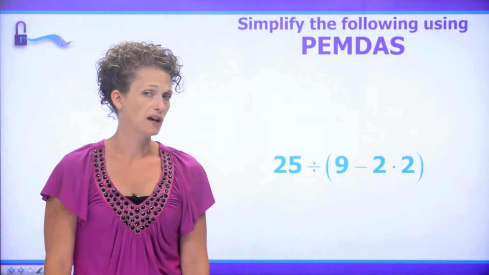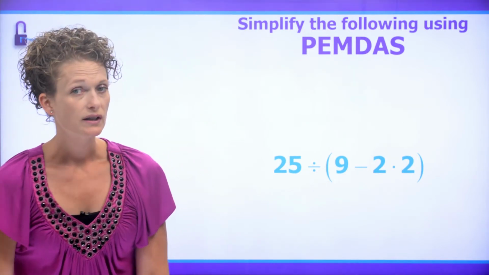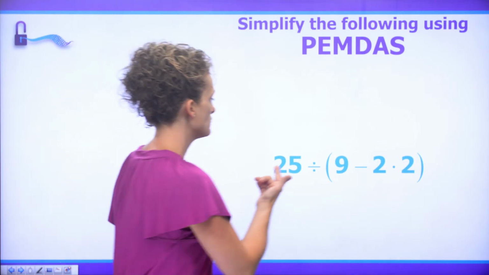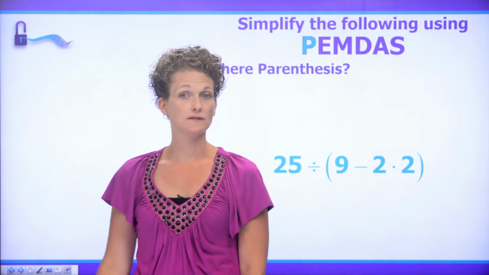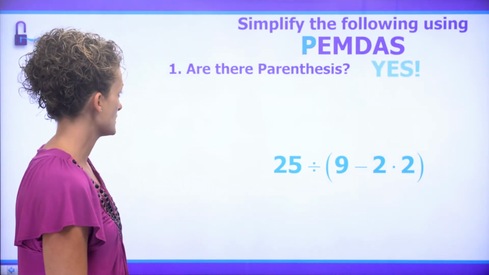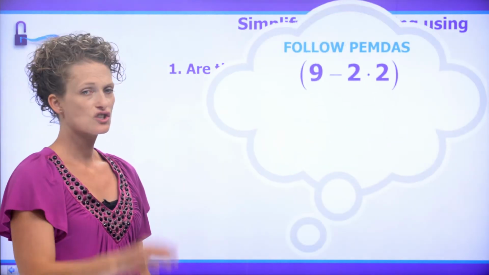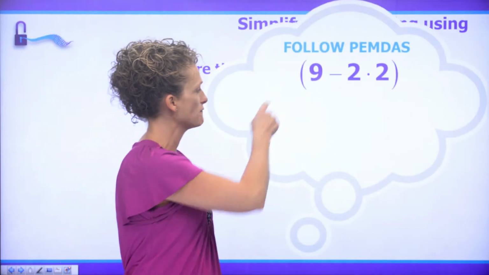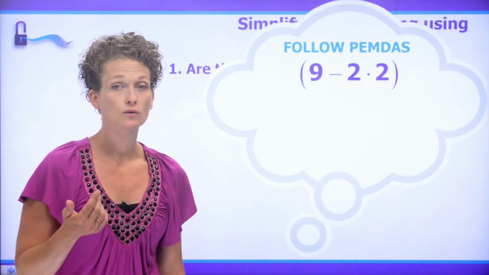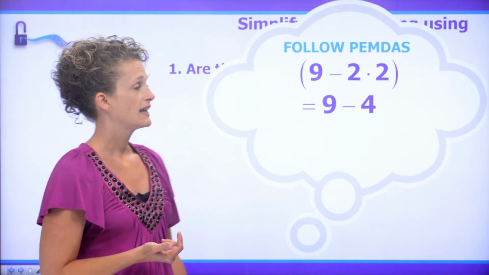25 divided by, parentheses, 9 minus 2 times 2. Now I said in a previous slide that when you have parentheses, then you have to use order of operations inside parentheses. So since we have the parentheses and there's more than one operation, let's just bubble it out and let's solve that first. So 9 minus 2 times 2. We know that we have to do the multiplication first, so we take the 2 times 2 and that is 4.